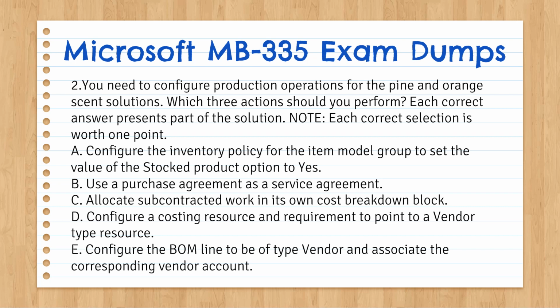B. Use a purchase agreement as a service agreement. C. Allocate subcontracted work in its own cost breakdown block. D. Configure a costing resource and requirement to point to a vendor type resource. E. Configure the BOM line to be of type vendor and associate the corresponding vendor account.